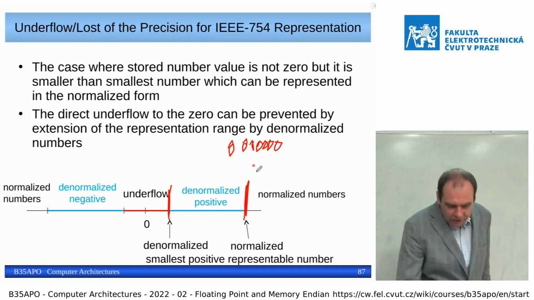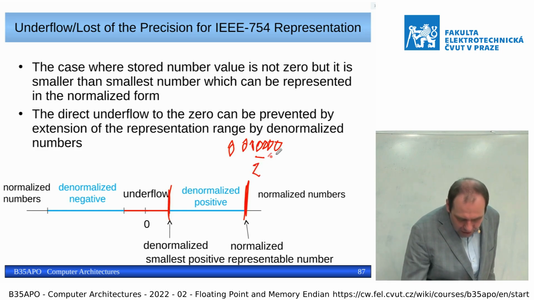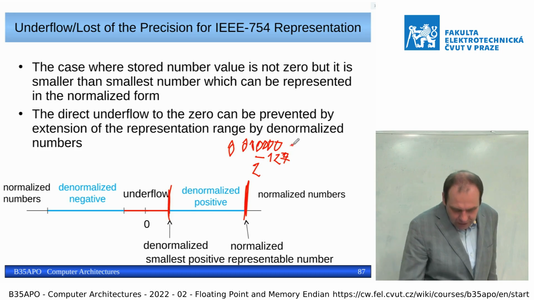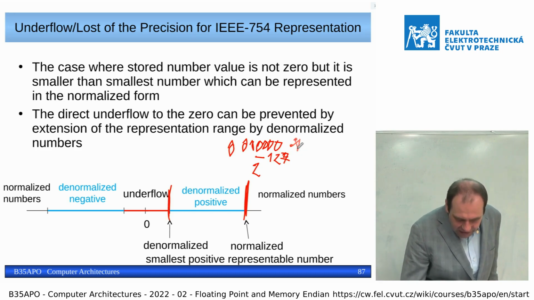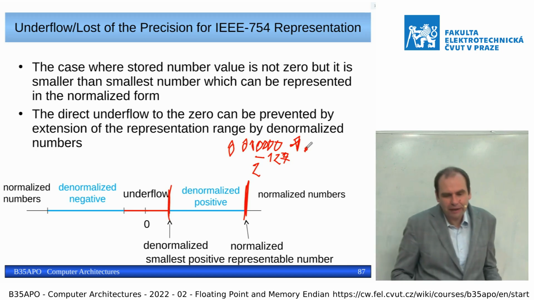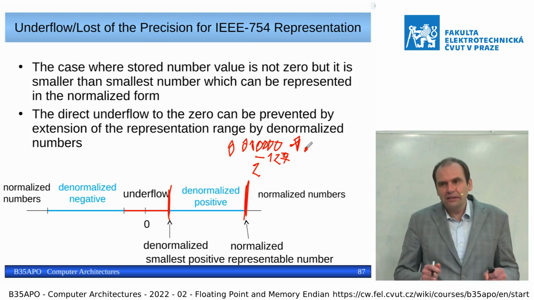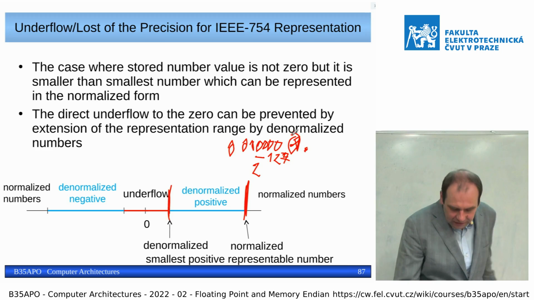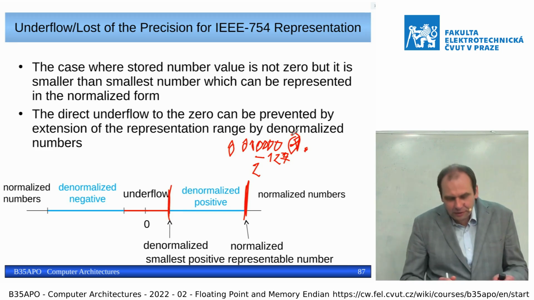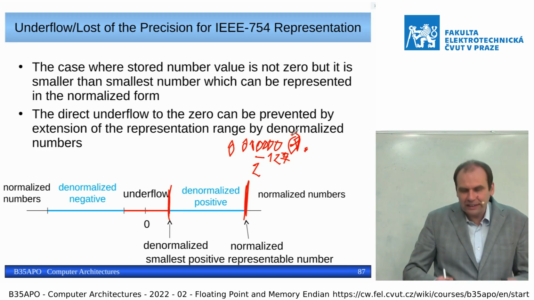All zeros for the exponent would be 2 to the minus 127. And then there has to be a 1, because we have said that for the normalized number, it is not possible to have there a 0, because we do not have the place where to store that there is a 0.